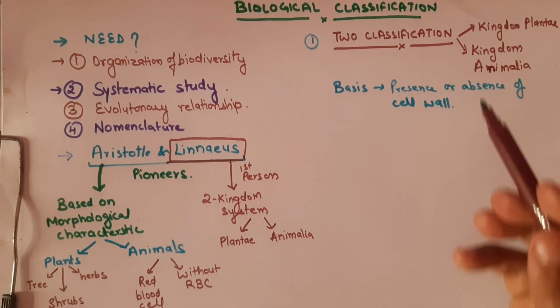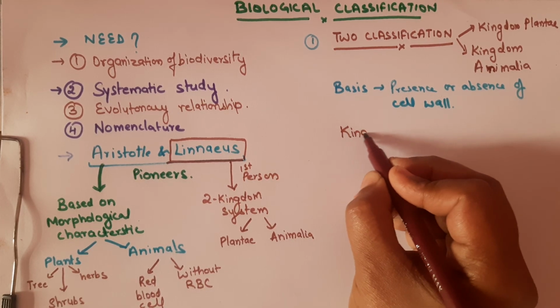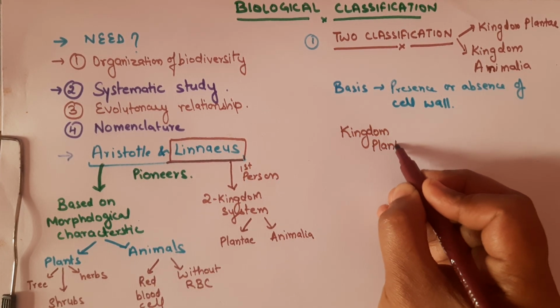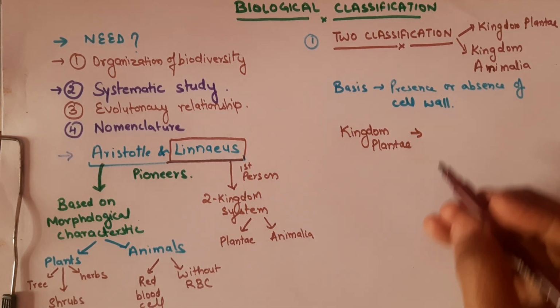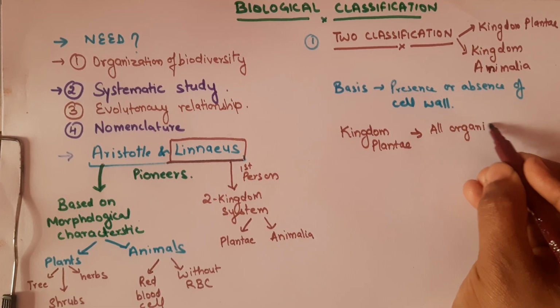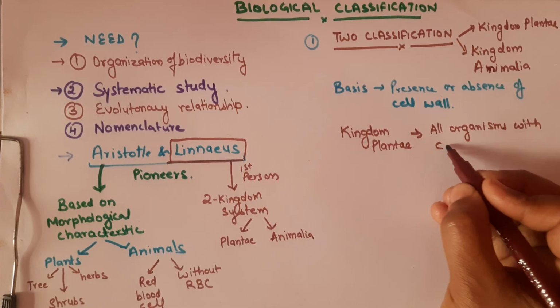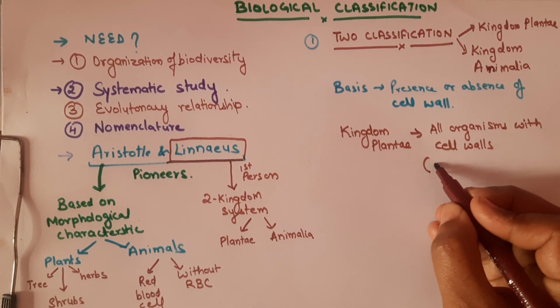So Linnaeus divided them: in the kingdom Plantae he included all the organisms with cell walls. What all are included?